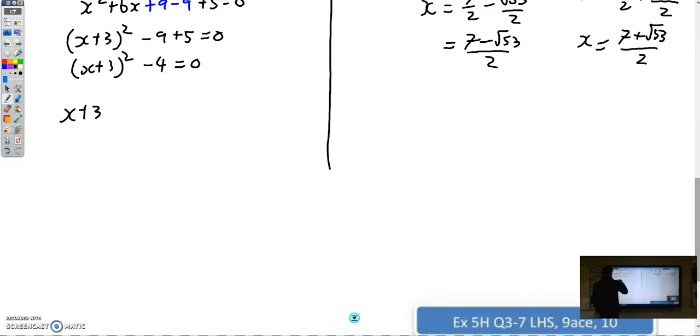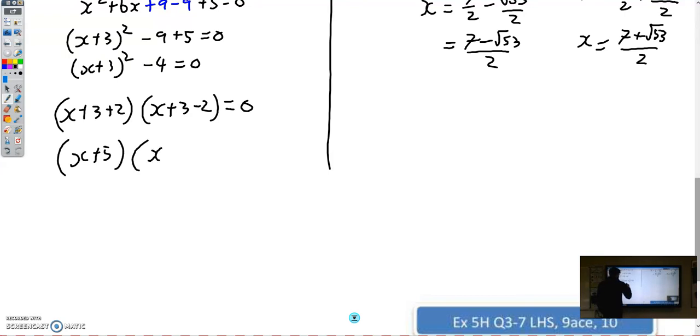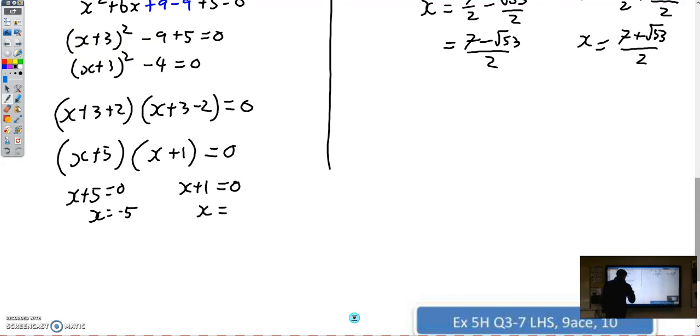The square root of 4 is 2, so we're going to have plus 2, x plus 3 minus 2 is equal to 0. Now, when we simplify this, we're going to have x plus 5, x plus 1, which means that either x plus 5 equals 0 and x equals negative 5, or x plus 1 equals 0 and x equals negative 1. And that is how you solve quadratic equations by completing the square. Good luck.